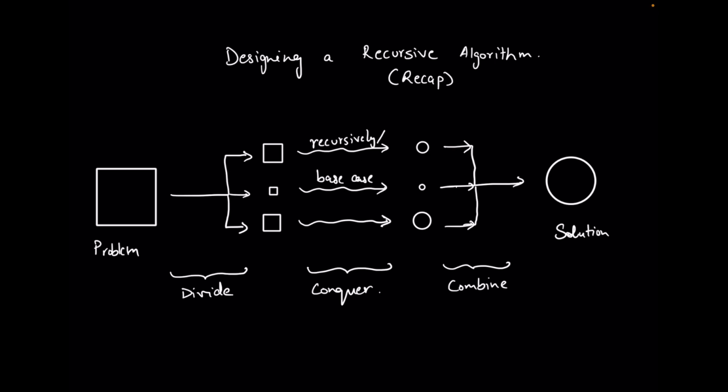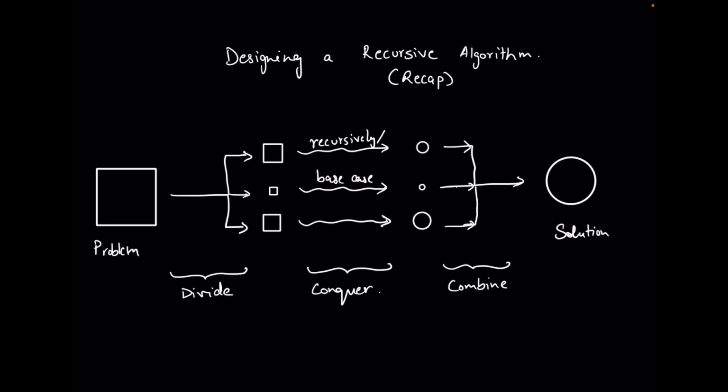And the step in which we join or merge the solutions to these subproblems in some manner to get the solution to the original problem is known as the combine step, right? So we have three steps: divide, conquer, and combine, right? Which is why you'll also sometimes see any algorithm like this called a divide and conquer algorithm, right?